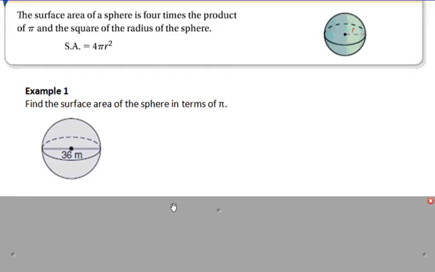So looking at example 1, find the surface area of the sphere in terms of pi. Well, if the diameter is 36, the radius would be 18. So we plug in: the surface area would be equal to 4 times pi times 18 squared. I'm going to have to use a calculator for that.